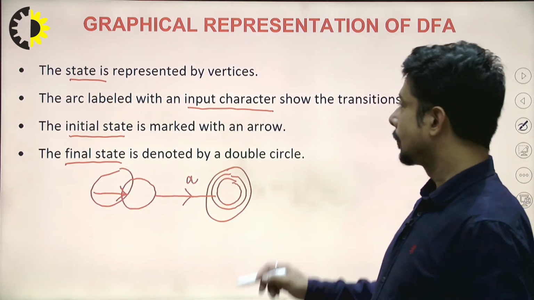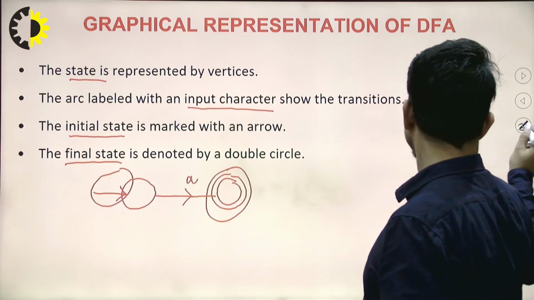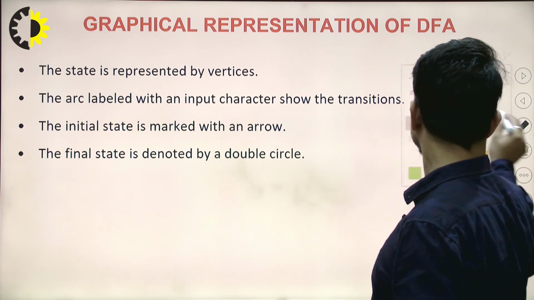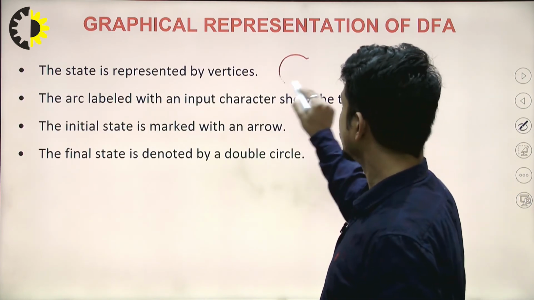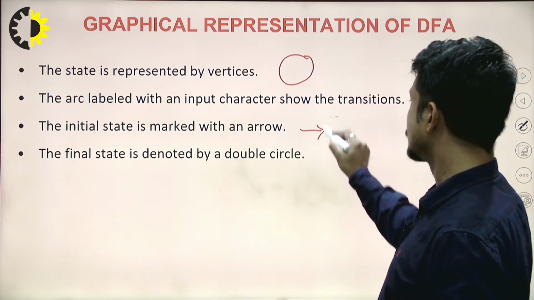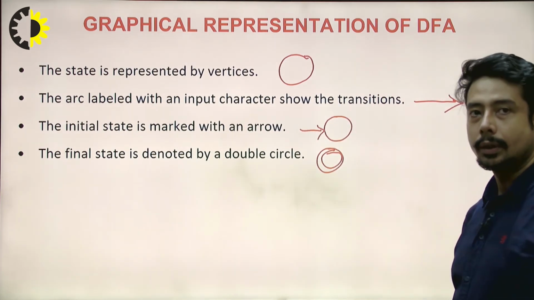So therefore, I can finally show you how the diagram will look. This is a state, and a state is represented by this. And this is the final answer for the graphical representation.